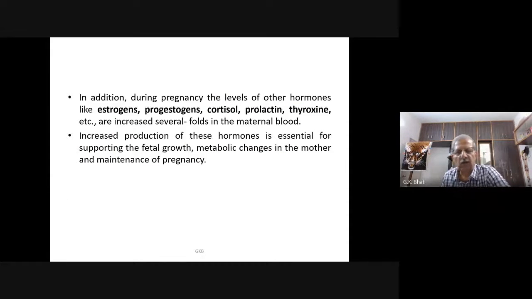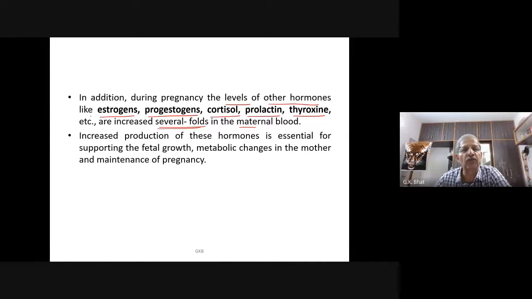In addition, during pregnancy, the levels of other hormones like estrogens, progestogens, cortisol, prolactin, and thyroxine are all increased several folds. These hormones are produced in abundance in the maternal blood.